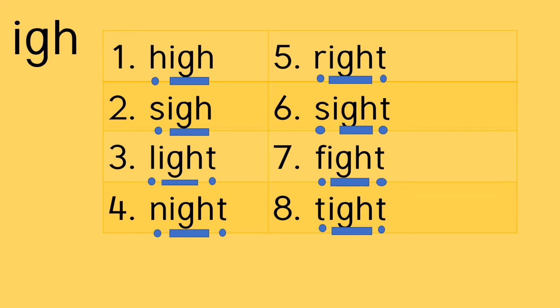Night. Number 5, r-igh-t. Right. Number 6, s-igh-t. Sight. Number 7, f-igh-t. Fight. Number 8, t-igh-t. Tight. Well, number 8 is a good one. It starts with a t and ends with a t. Tight. Okay, pause the video and practice doing your blending.